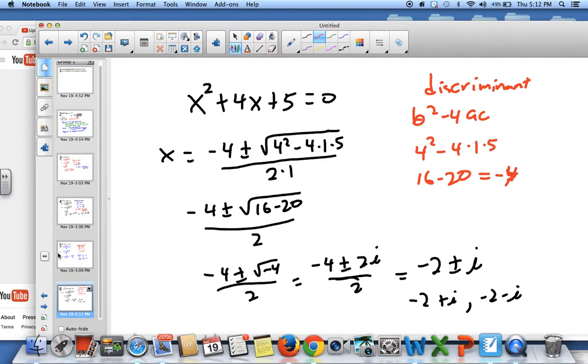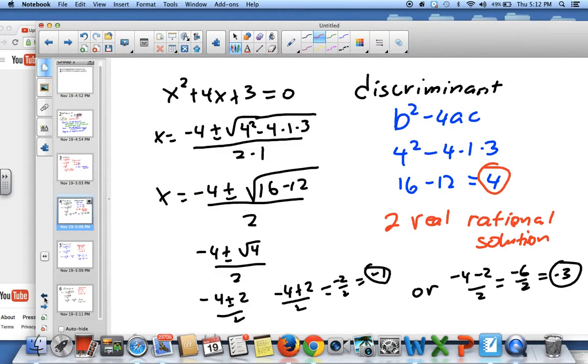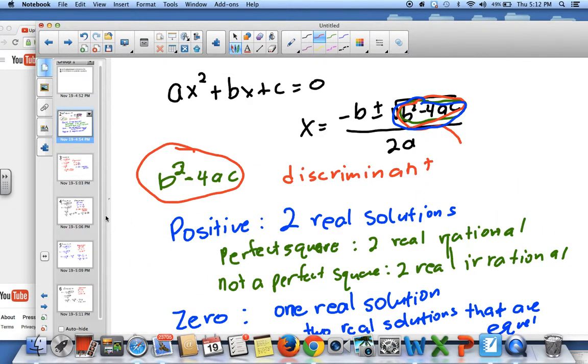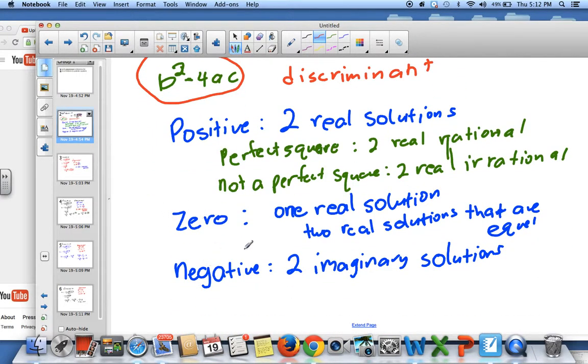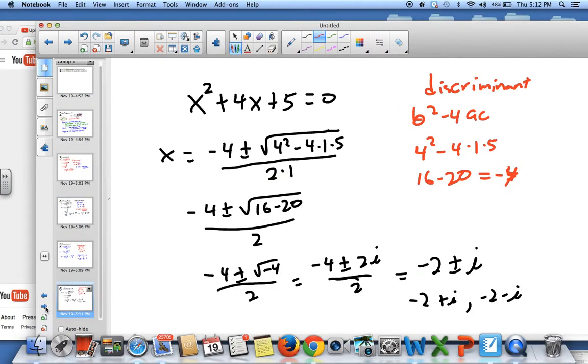Since that's a negative number, let's look at our rules here. The negative, I have 2 imaginary solutions. We have 2 imaginary solutions, the complex solutions.